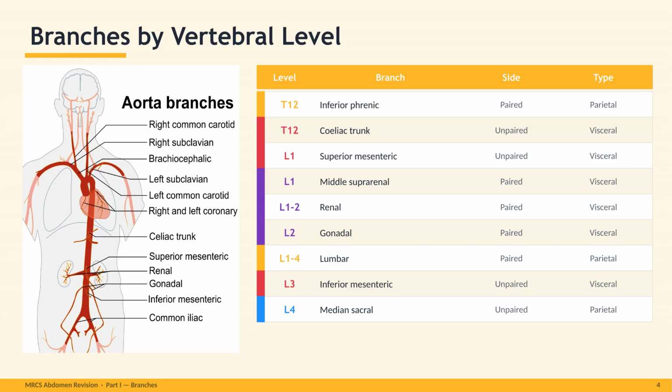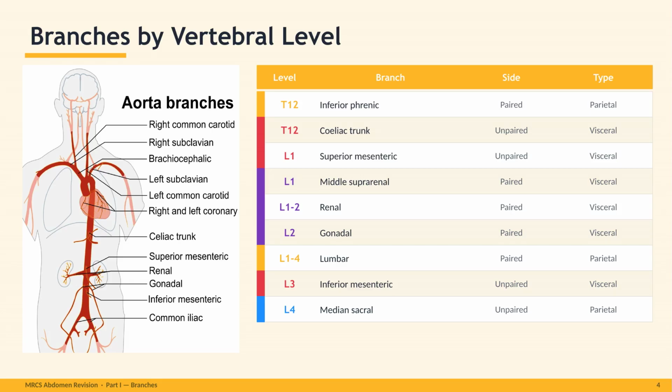These are the testicular arteries in men, ovarian in women, and they have a long descent. L1 to L4, the lumbar arteries, 4 paired parietal branches supplying the posterior wall. L3, the inferior mesenteric artery, unpaired, visceral, sitting about 3 to 4 centimeters above the bifurcation.